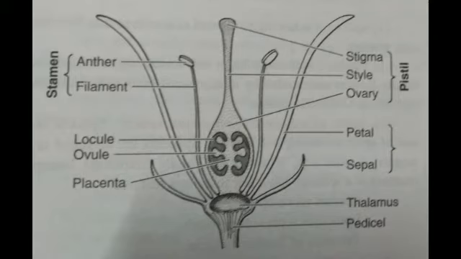Clear? The axis which bears flowers is called peduncle and the stalk of each flower is called pedicel. The tip of the pedicel gets enlarged, that is called thalamus, which bears different whorls of the flower. With the help of the diagram you can easily see pedicel and thalamus, and thalamus bears different whorls of the flower.